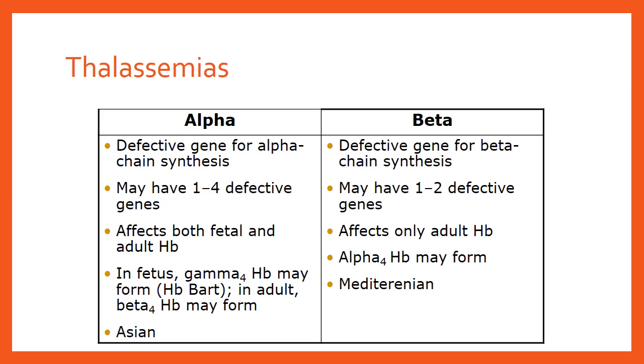People of Asian descent may develop alpha thalassemia, and beta thalassemias are more prominent in people with Mediterranean origin, such as Greek and Italian. The clinical manifestation may be quite wide in these disorders.